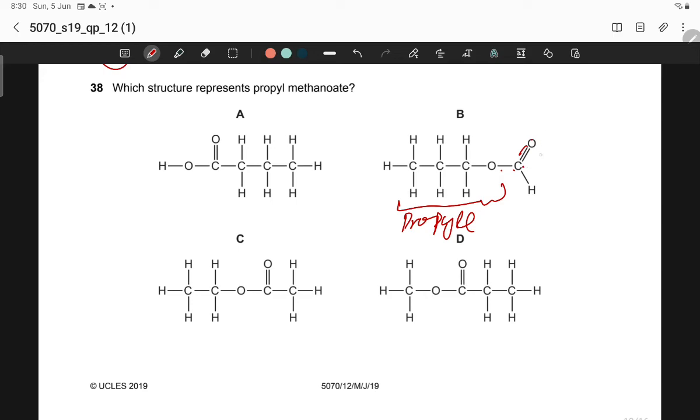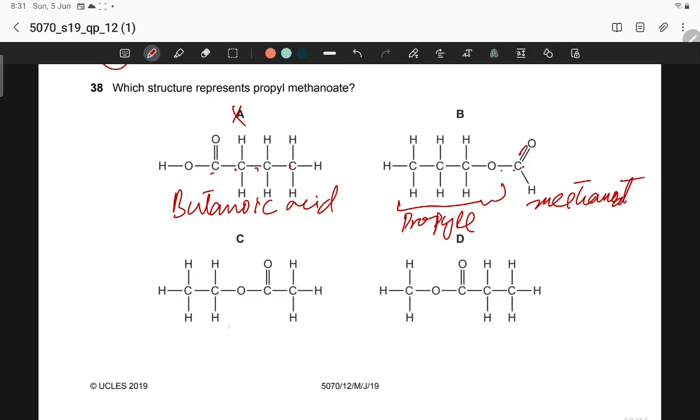Yes, this is methanoate. 1, 2, 3, 4, butanoic acid. So this is incorrect.